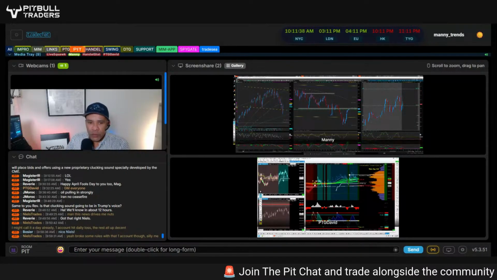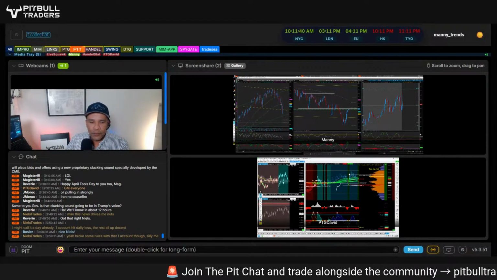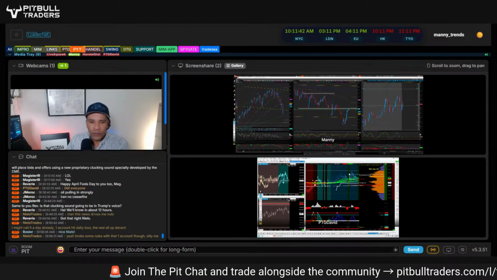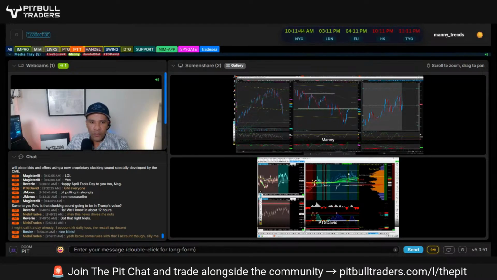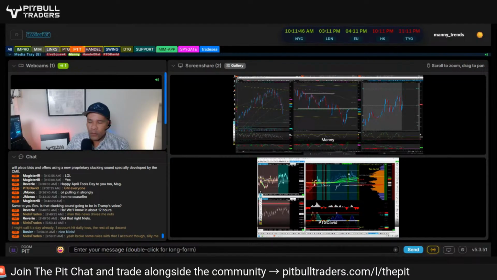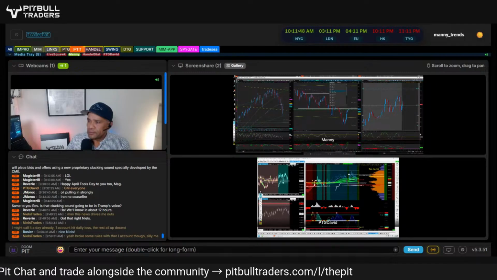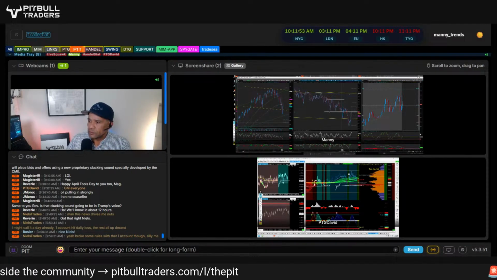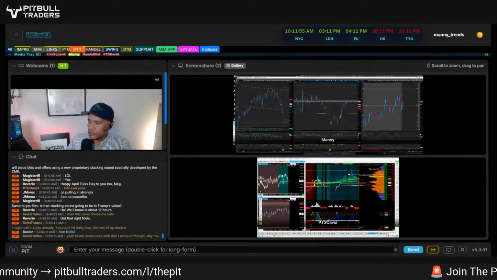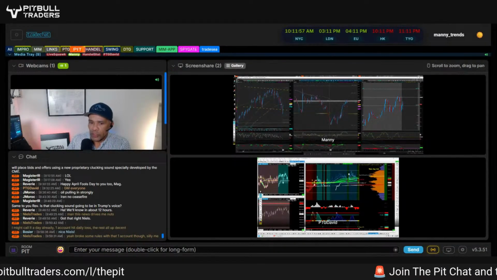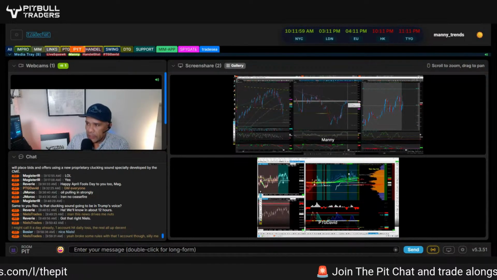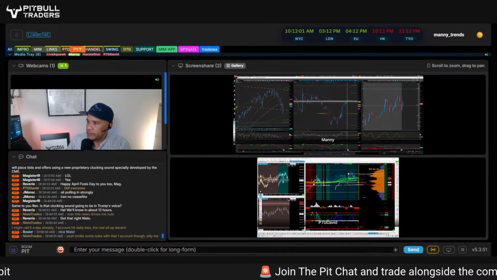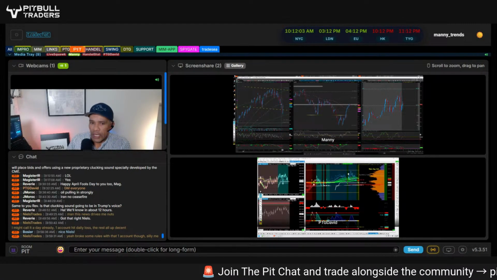Back down to test the open. And we're struggling at this resistance area. This kind of makes sense, right? This hourly resistance area.